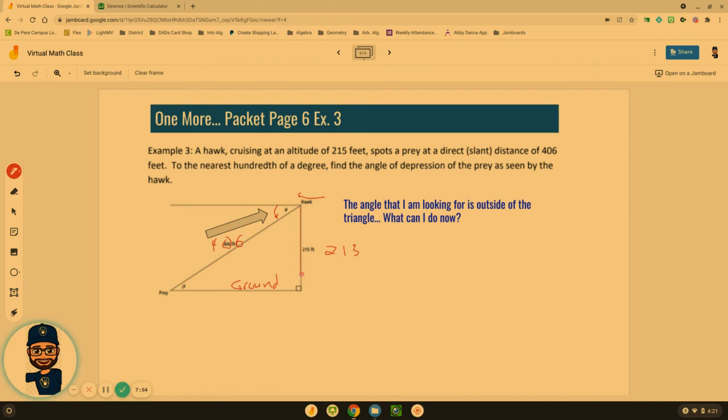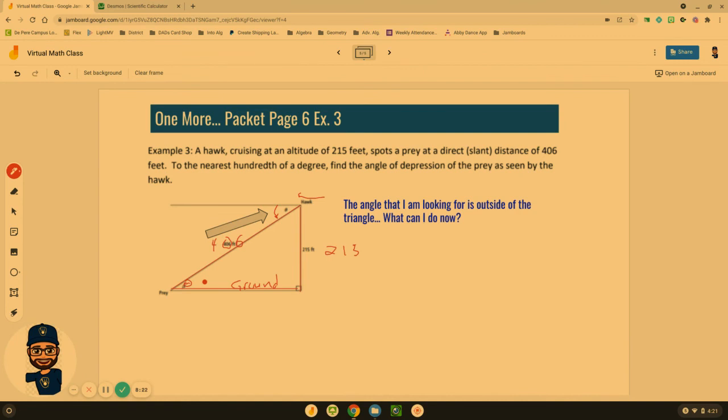So that's this side. The slant height is 406. Therefore, we can create this triangle right here. So we're looking for this angle of depression. How far down must the bird look? But remember, this angle, because of parallel lines, is also the same as this angle. So that is the one I'm going to label as theta.